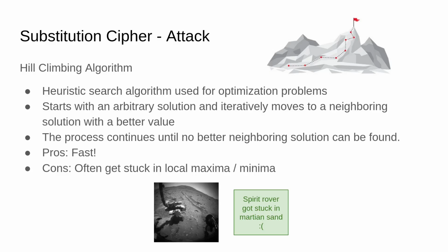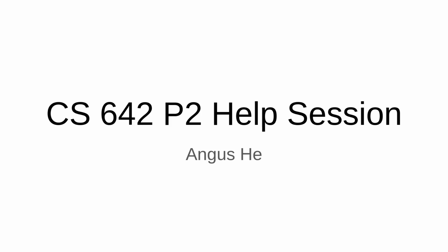We start from a random position, which might be at the bottom of the mountain, and then we randomly step forward and see if we are at a higher altitude. If we are, we stay there and continue on. If we're not, then we look for other directions to step. And we continue this process until we reach the summit.